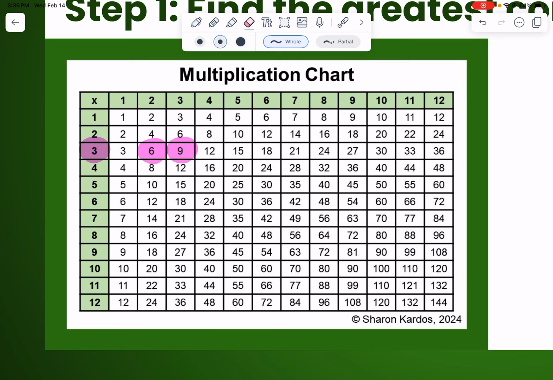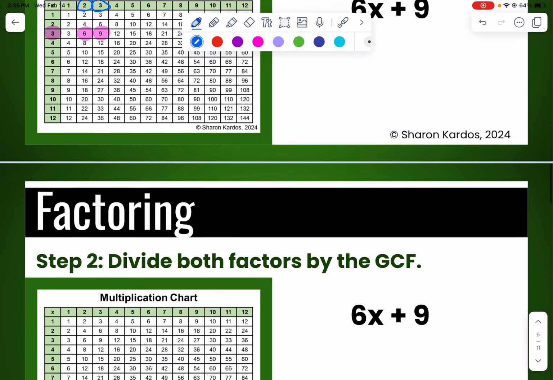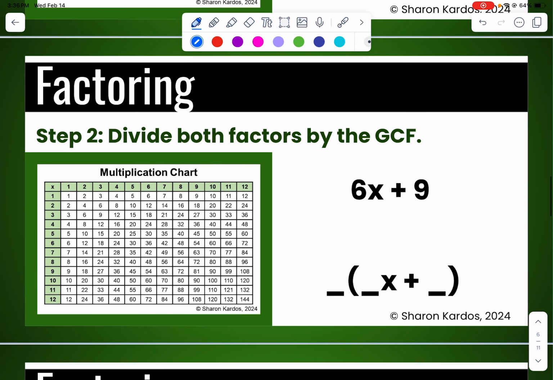And remember, when you're dividing, if I'm trying to divide 6 divided by 3, that is going to be 2. My answers are basically just going to be right here at the top, okay? So step 1, we have found our greatest common factor. It's going to be 3. Step 2 is now we're going to divide both of our terms by the GCF.